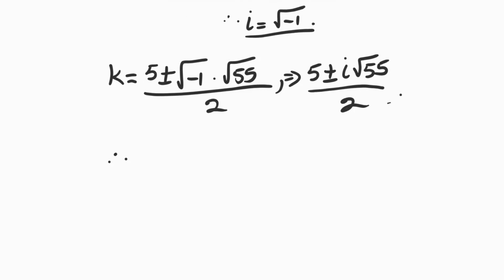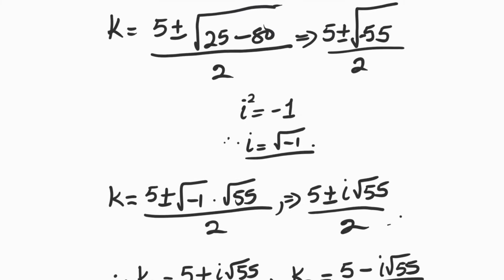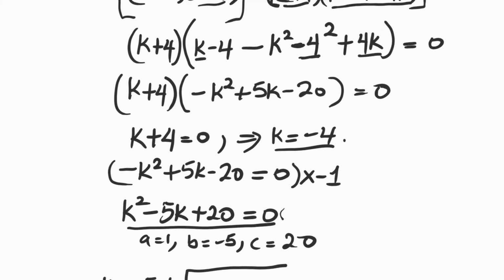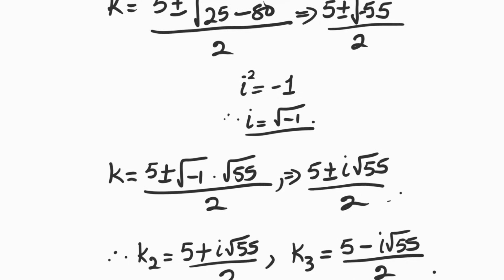So therefore, k2 becomes 5 plus i root 55 divided by 2, and then k3 becomes 5 minus i root 55 divided by 2. So our first value of k, which is our k1, is minus 4.